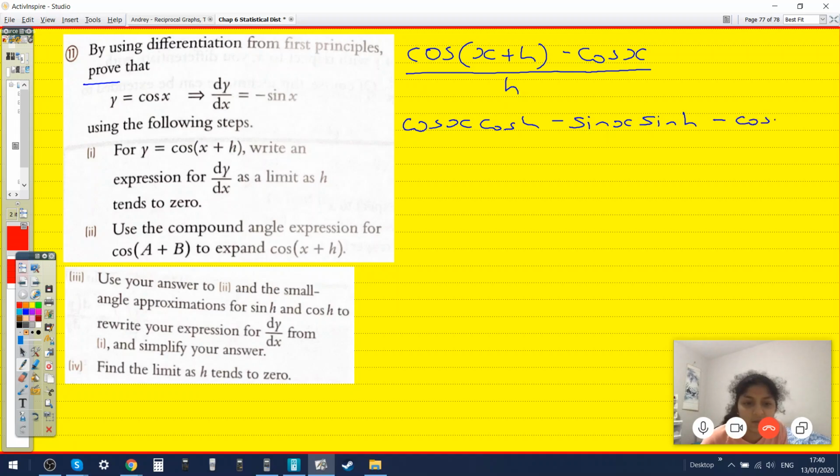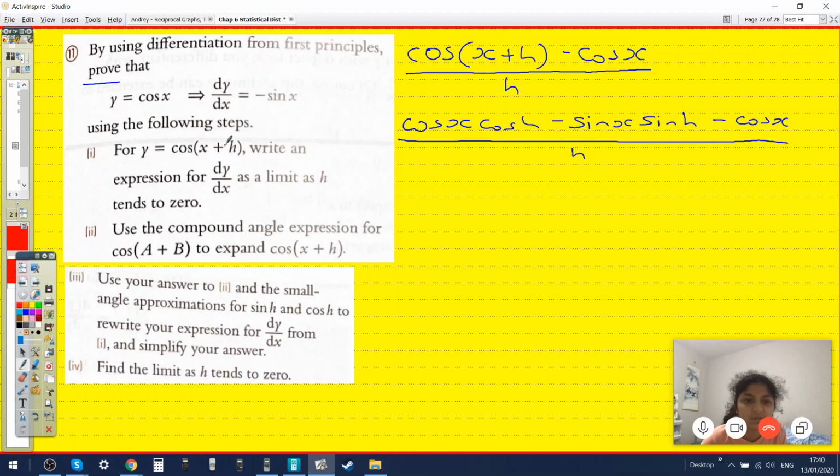Use your answer to 2 and the small angle approximation to rewrite your expression. Okay, small angle approximation time. So cos theta is 1 minus half theta squared. Which one is the small angle? How do you know? Just h.